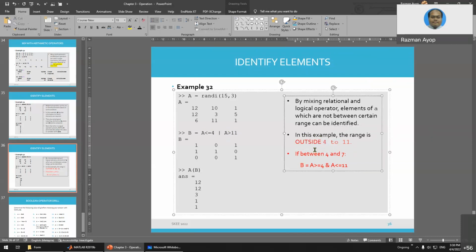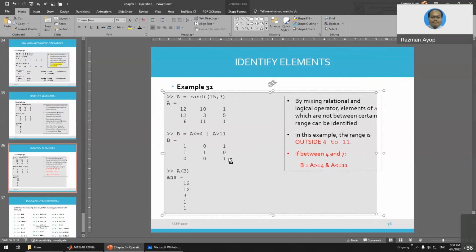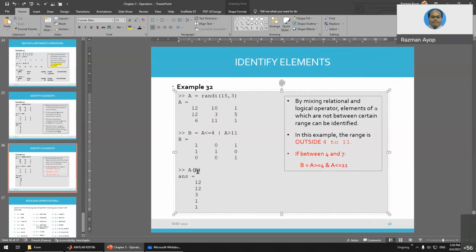If you want to find the number between this, you have to use this: A is more than 4 and less than 11. You have to use your logical to find the answer. After you get the index, the logic, you just place it in the indexing of the A and you get the answer.